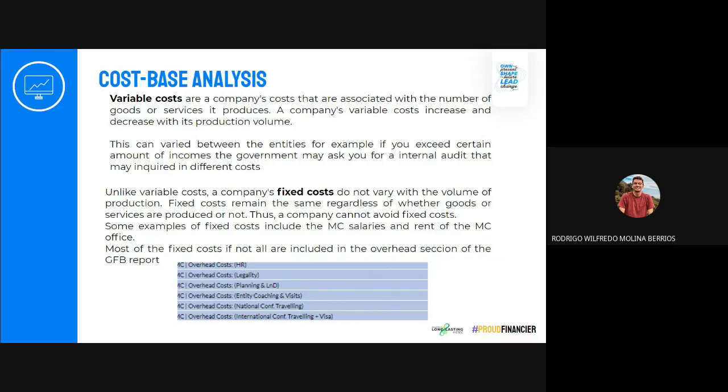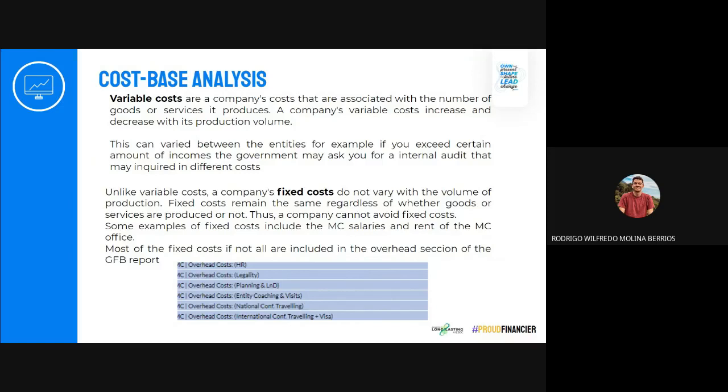Unlike the variable cost, you have the fixed cost, which is not going to change with the volume or whether you work or not. This remains the same regardless of whether the goods or services are produced or not.